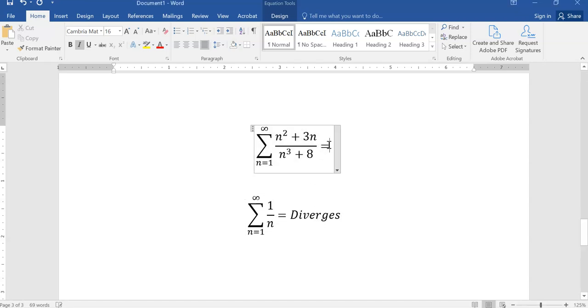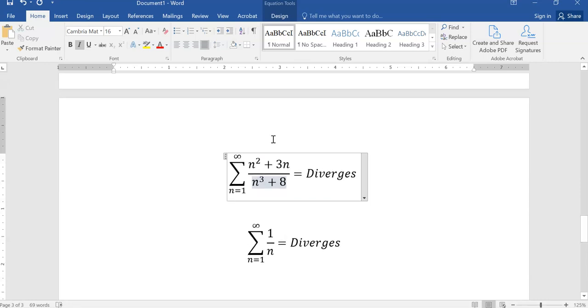Therefore, this, by limit comparison, also diverges. So whenever you have n to a power over n to a power, the ratio test doesn't work. You can't just say the bottom grows faster, because even though it grows faster, it's not on a different order.